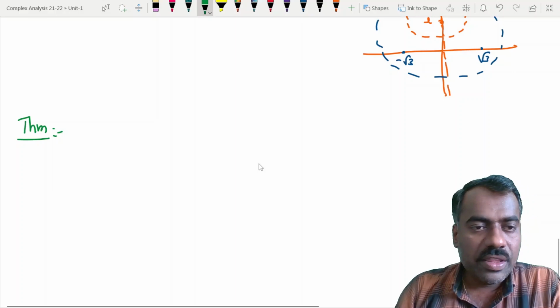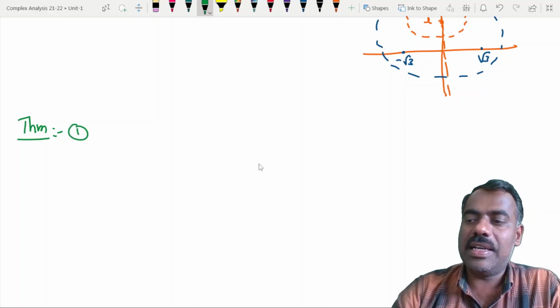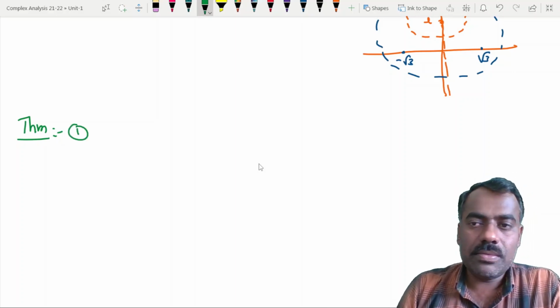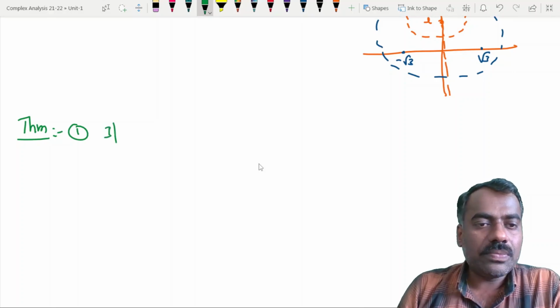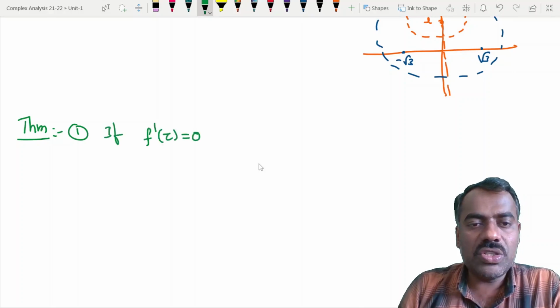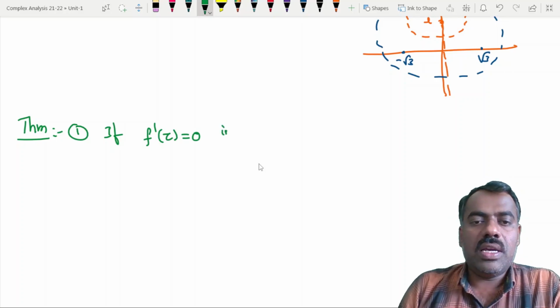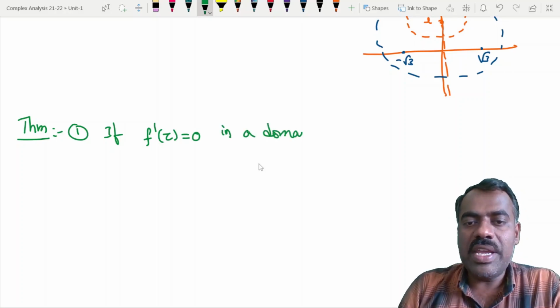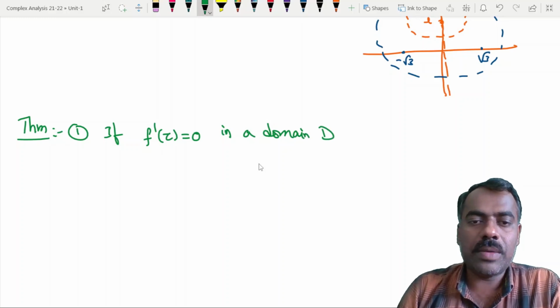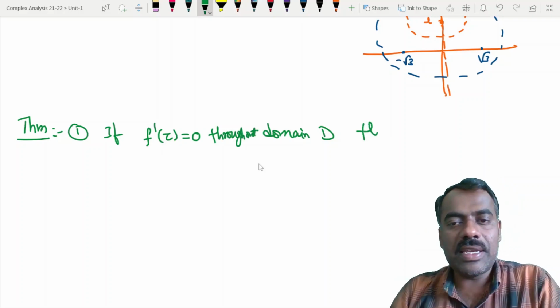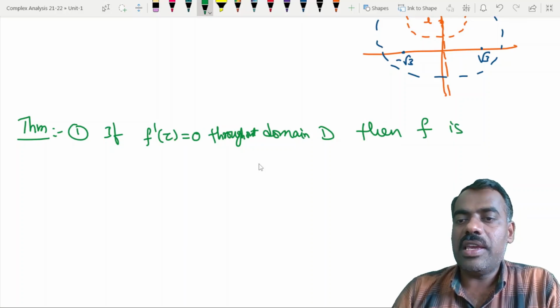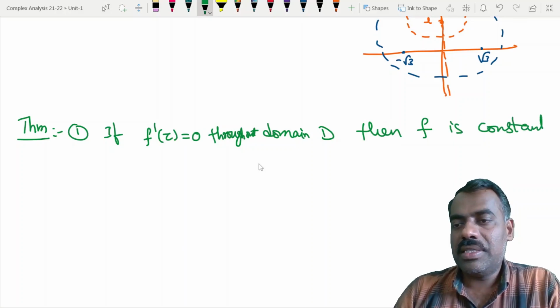The first one, which we are already familiar with in real analysis: if f dash of z is equal to 0 in a domain, say D, throughout that domain, meaning at every point in it, then f is constant.